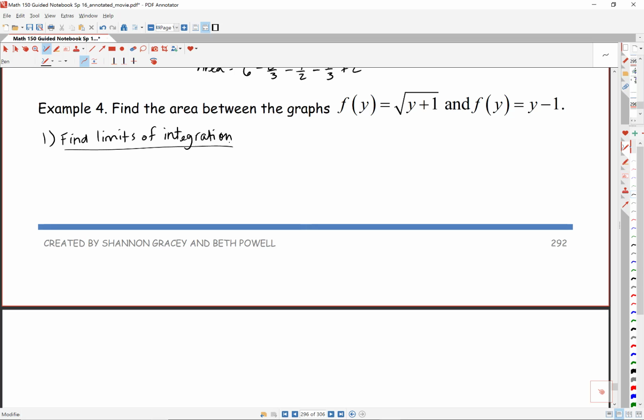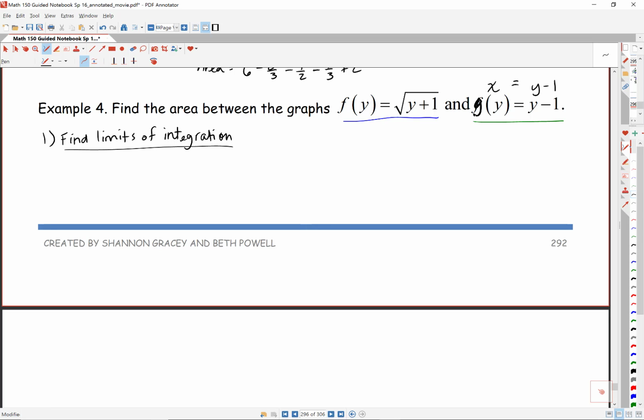And so this will be our blue one, and this will be our green one. And remember, you can think of this as x equals y minus 1 as well, if that helps. Actually, here's a typo, it should have been a g of y.